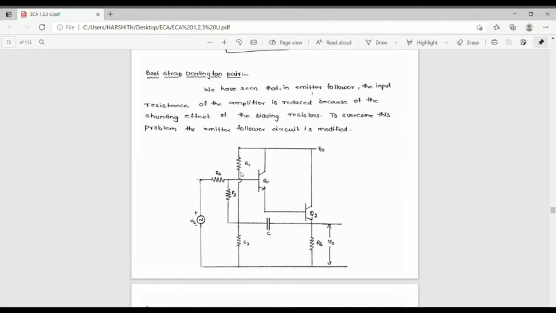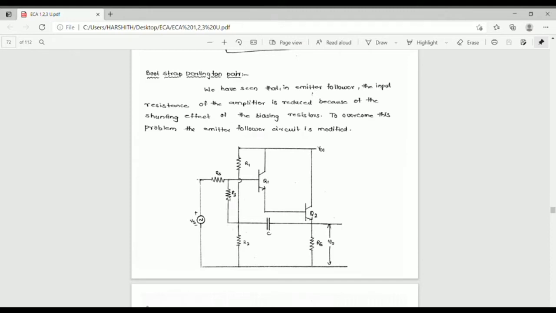R1 and R2 are the biasing resistors, and these two cause the shunting effect. To overcome this problem, the emitter follower circuit is modified. In this circuit, these two are the biasing resistors R1 and R2, this is the source resistance, and this is the voltage source in series with the source resistance.